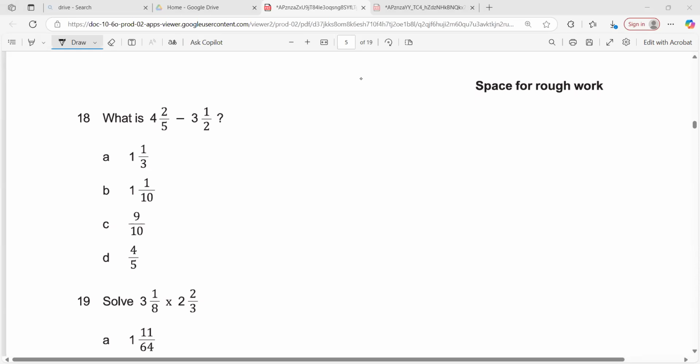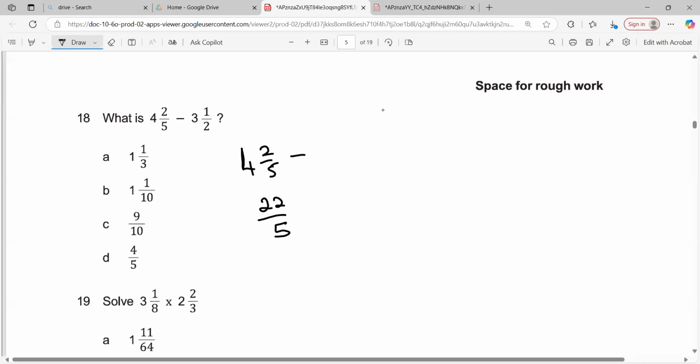All right, Kylie. Mia, you want to walk us through this one? Yes, sir. All right, go ahead. So, sir, the first thing I did was to convert the mixed fraction. So I said 5 times 4, which is 20, plus the 2, which is 22 over 5.